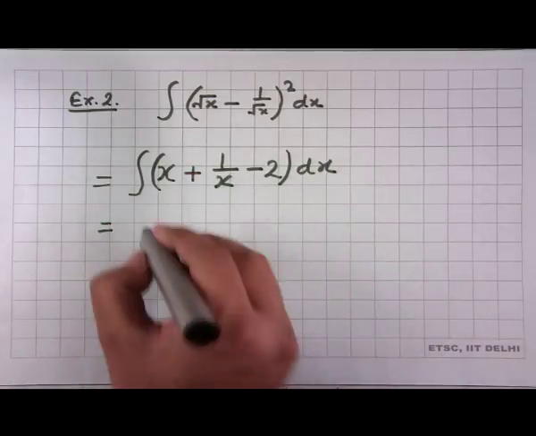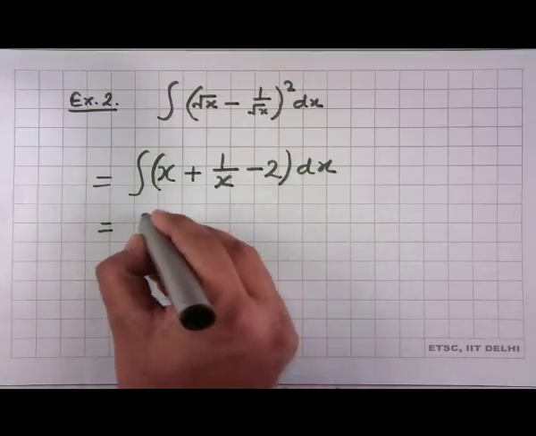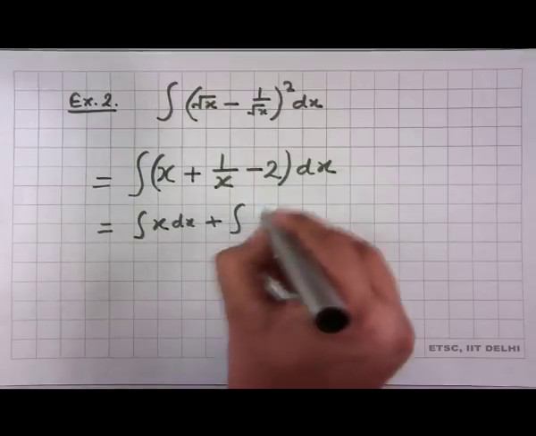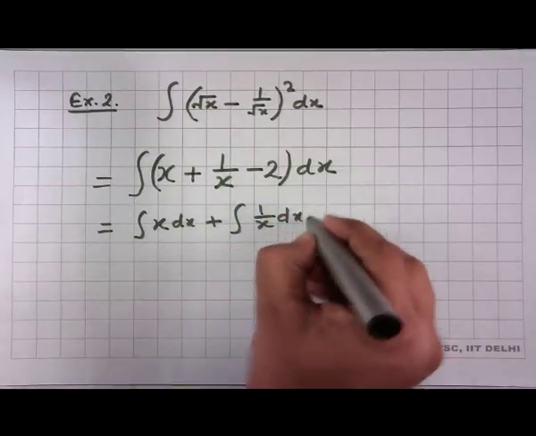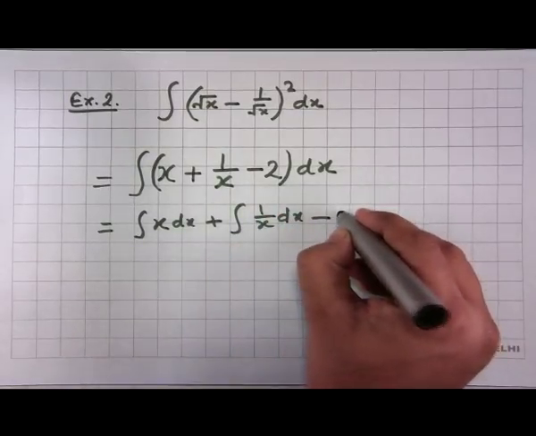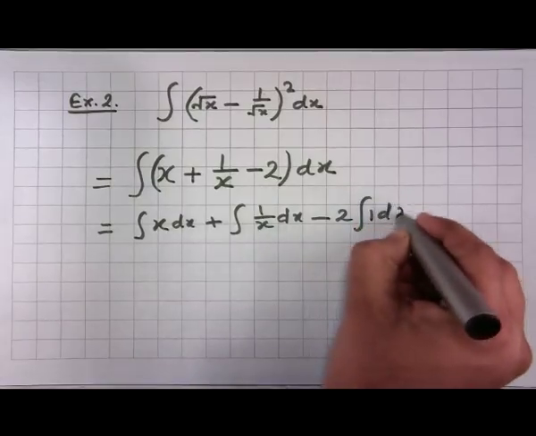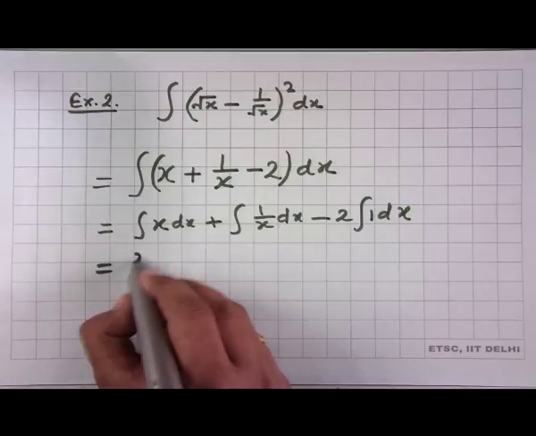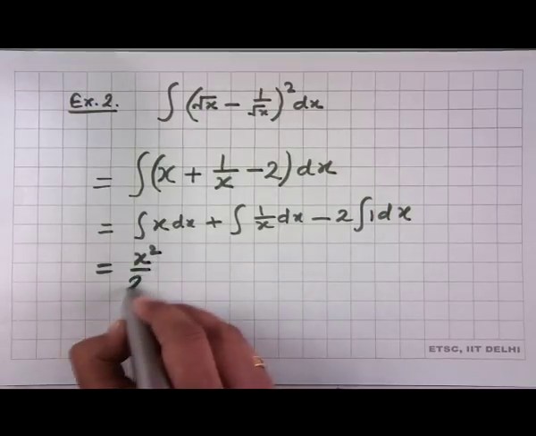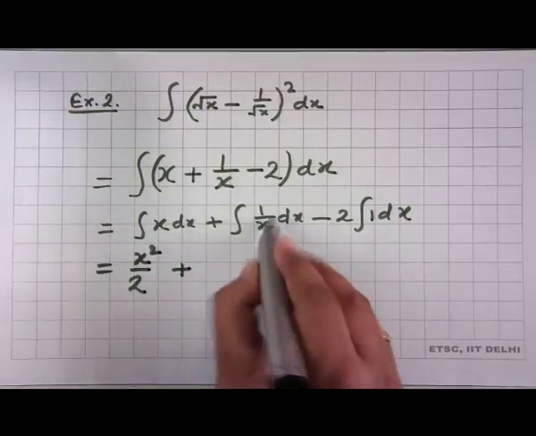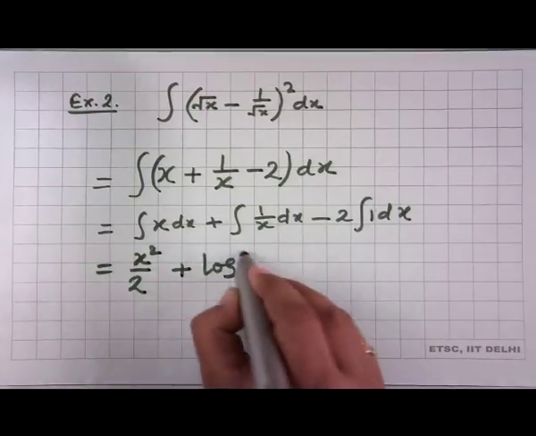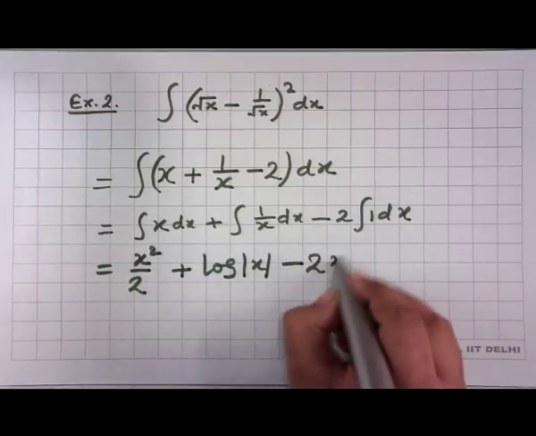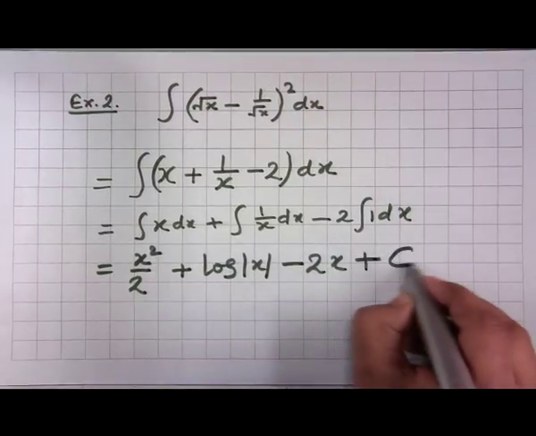Apply the linearity property here. So, what we will get is integral of x dx plus integral 1 by x dx minus 2 times integral 1 dx, which you can evaluate using the formula as x square by 2 plus 1 by x integral, this is log of mod x, minus 2x plus a constant of integration.